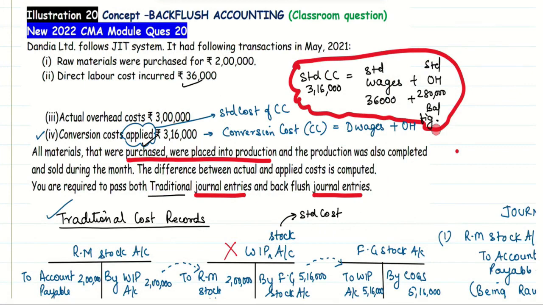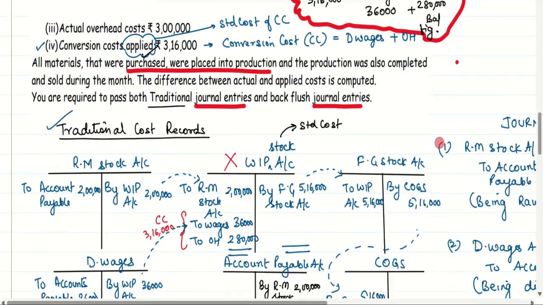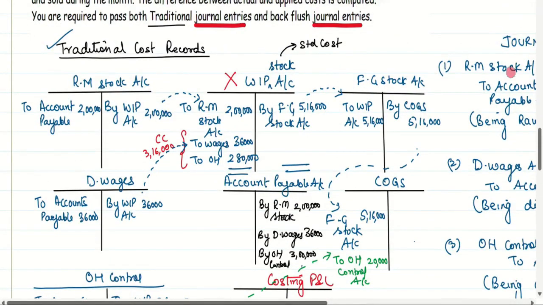Pause the screen and write it down. I'm scrolling the page. Pause. Don't write general entries now. First pass the entries. Okay. Pass the entries.